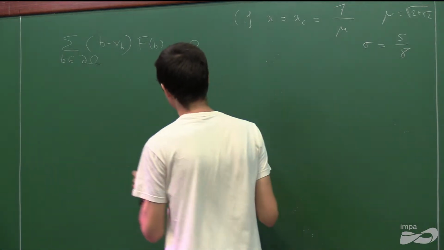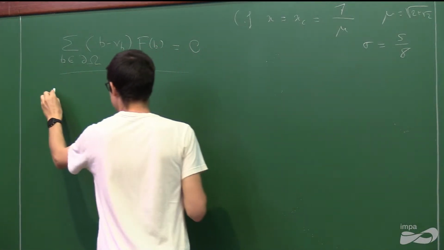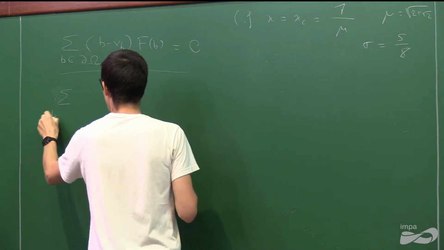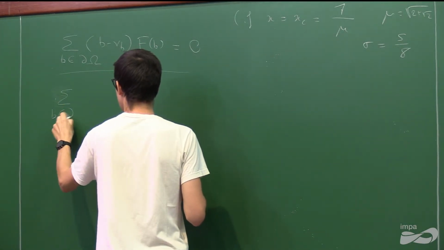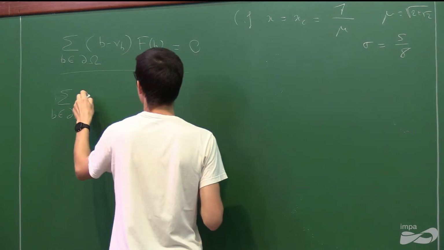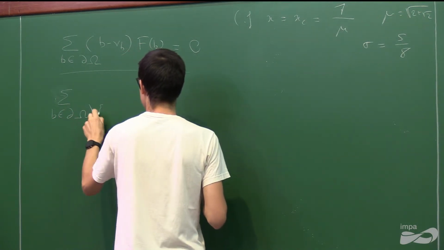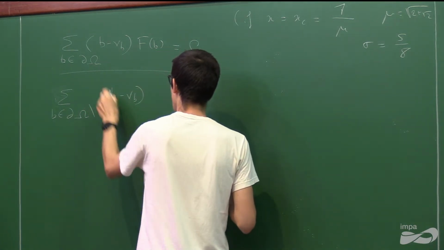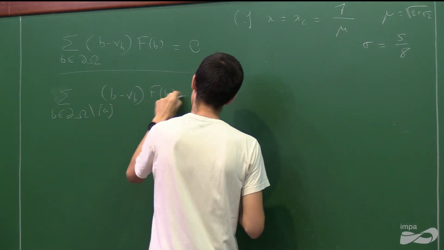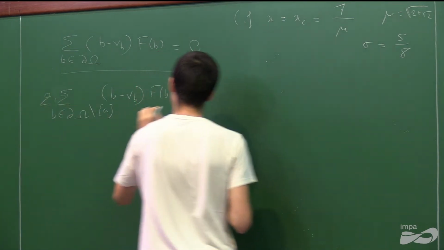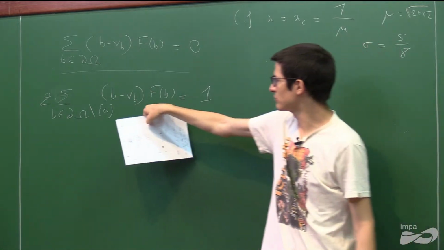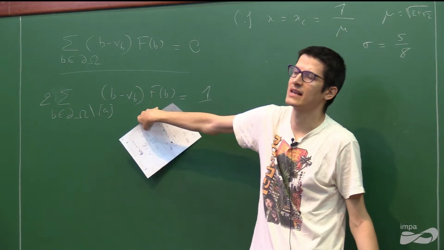In particular, another way to write this was that the sum over B in omega minus A, of B minus VB, FB is equal to 1 if you multiply it by 2, just because the contribution of A is exactly minus 1/2.